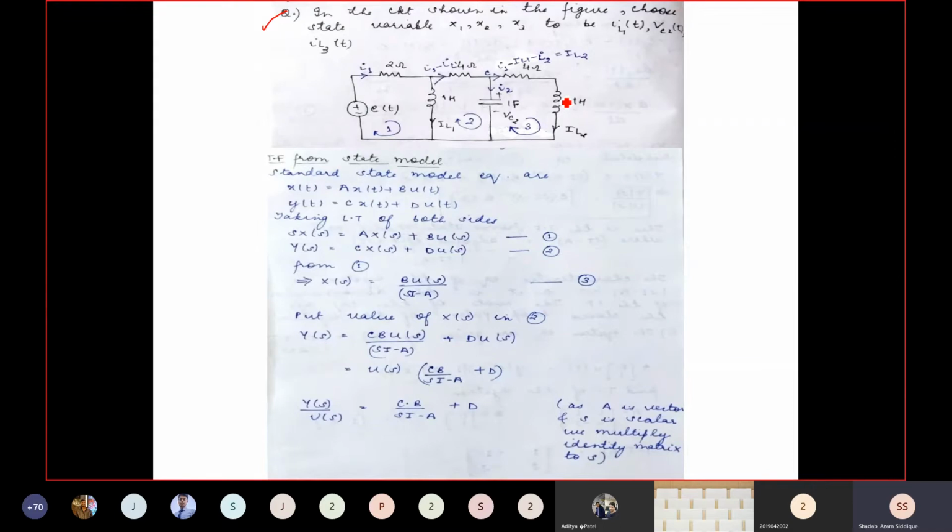So all three are state variables x1, x2, x3. Use all the values given here and find the solution. If you are not able to, you can go through my notes and find the solution there, but try to practice on your own first.